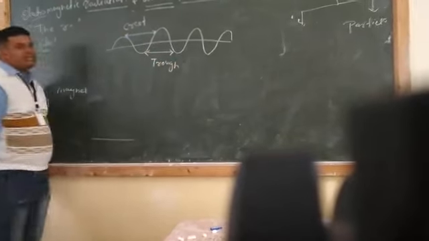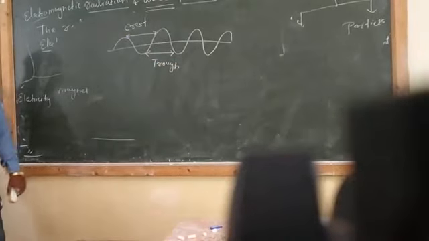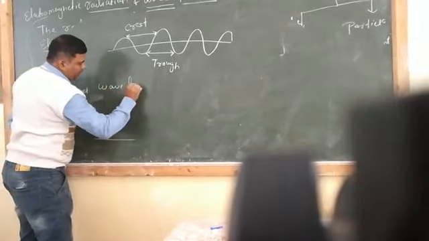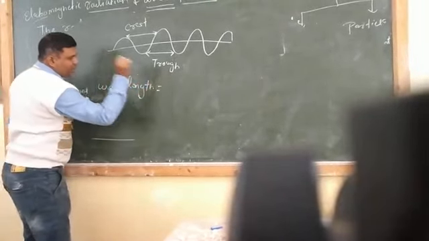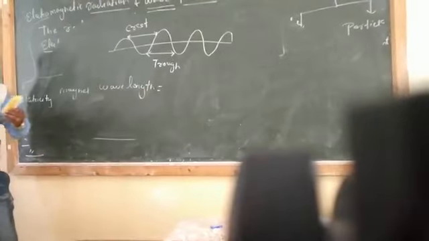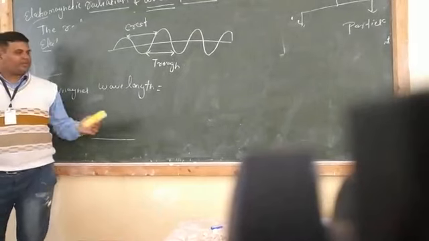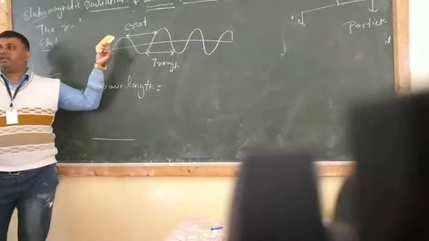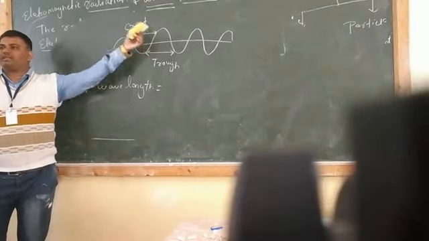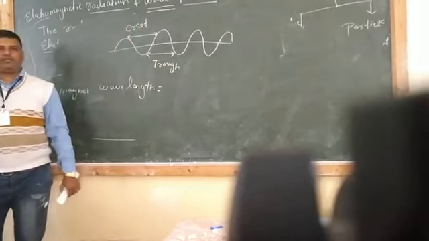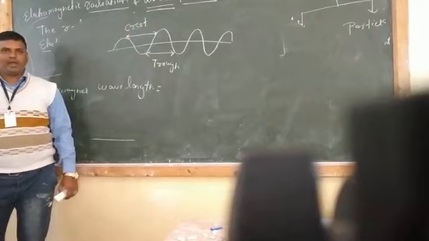Okay, the distance between, note it down, लिख लो. Wavelength. हम लोग बोलते हैं ना, तेरा और मेरा wavelength मैच होता है. Right? So what is wavelength? Wavelength is nothing but the distance between the two crests or the distance between the two troughs is called the wavelength. समझ में आ गया?